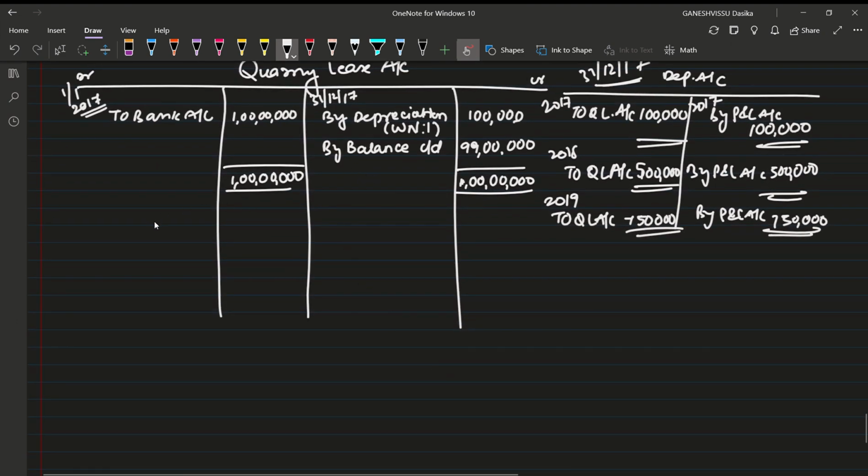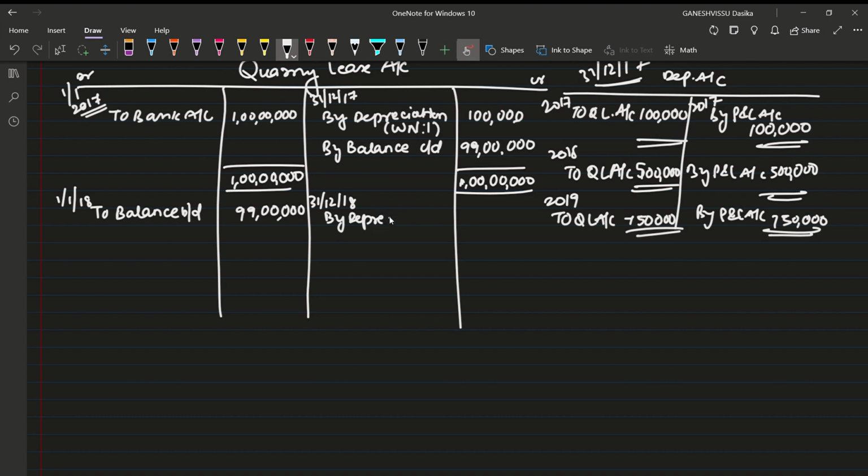Now on 1/1/2018, to balance brought down 99 lakhs, and on 31st December 2018, by depreciation 5 lakhs, which is the depreciation for the second year, and by balance carried down 99 lakhs minus 5 lakhs, that is 94 lakhs.